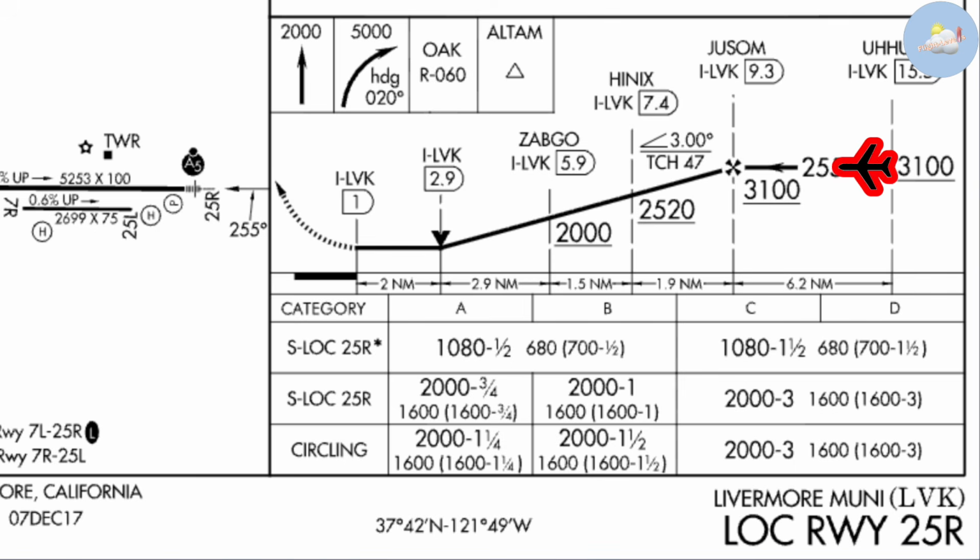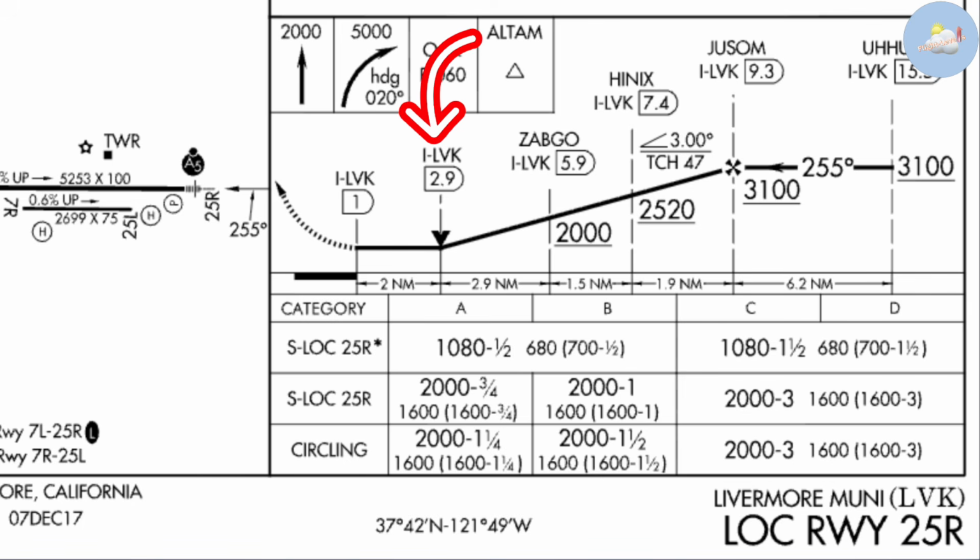So let's take an example here. Let's say we're flying along this approach and we're at 3,100 feet coming up to the final approach fix of Jusum. We pass Jusum, we descend down to the next step down fix of 2,520 feet until we get to Hynix. Then we descend down to 2,000 feet until we get to Zabgo. And then we can descend all the way to our minimum descent altitude of 1,080 feet. We stay there.